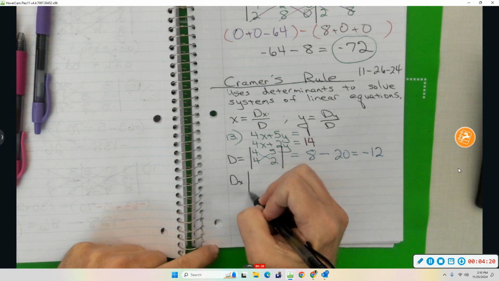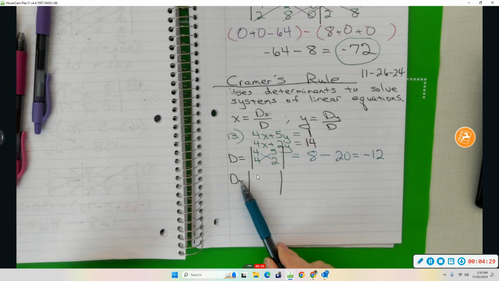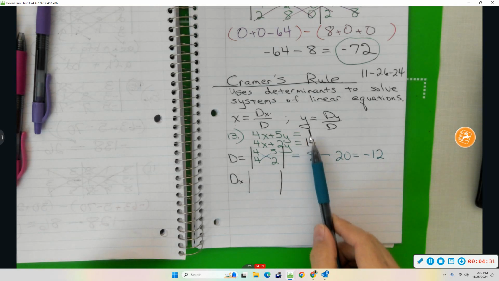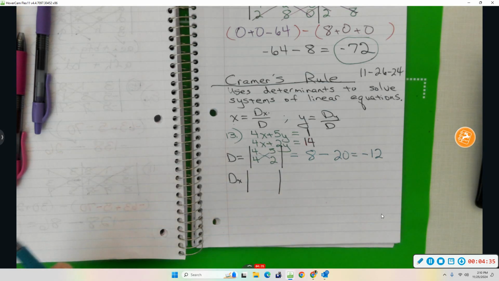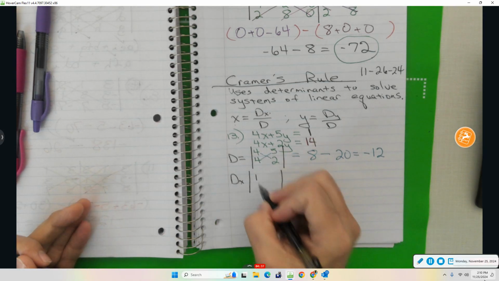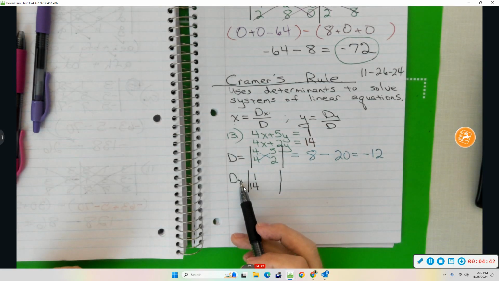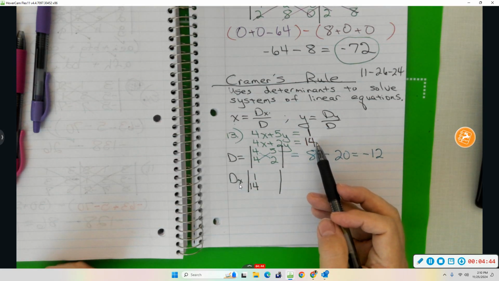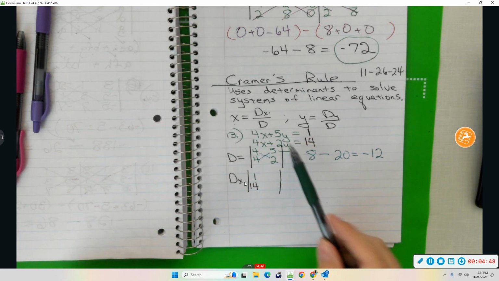The next determinant he found, he denoted d sub x. D sub x is the determinant you get when you replace the x column. The x column has to be replaced with the column of constants. So instead of a 4 and a 4, we're going to have a 1 and a 14. The y column stays at 5, 2.